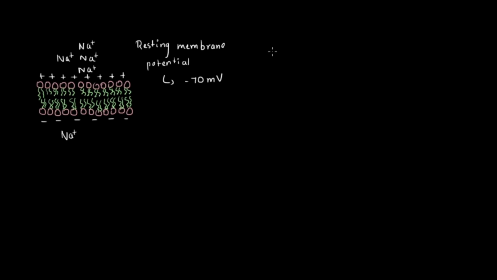Now what happens when there is a nerve impulse? Let's say this is the axon bulb of a presynaptic neuron and this is the postsynaptic neuron membrane. Now this postsynaptic neuron membrane would contain some chemically gated channels for sodium ions.